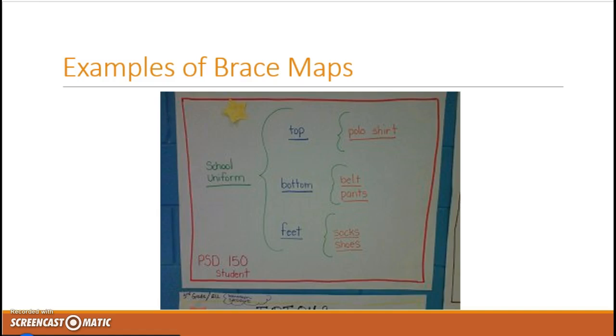A school uniform can be broken into the top, the bottom, and the feet. The top can involve a polo shirt. The polo shirt might even be subdivided into the colors that are acceptable to be worn. The bottom is divided into pants and a belt, and the feet are into socks and shoes.